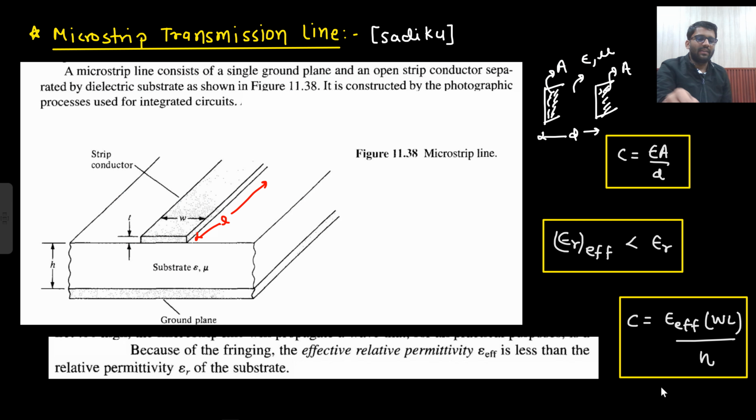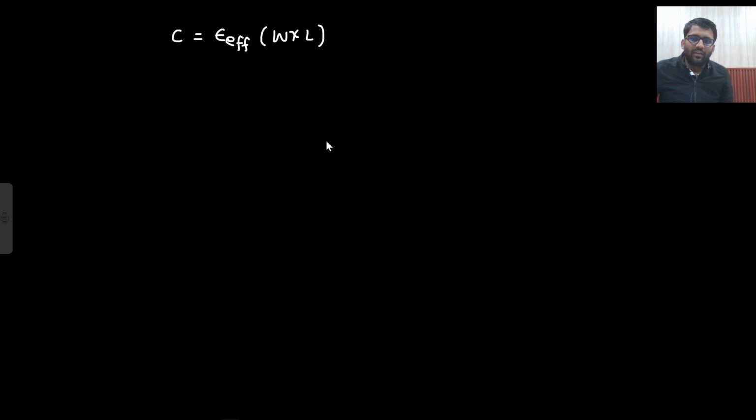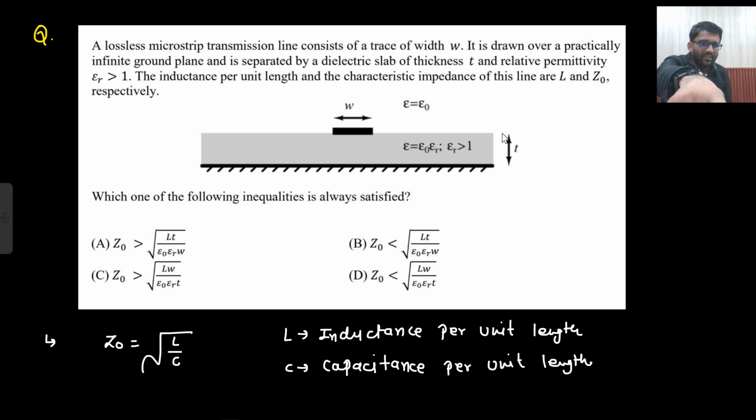What is the capacitance we know? That is equal to epsilon effective into A. What is A? W into length L. A is W into length L. This is the width and this is the length. So W into length L divided by the separation between them. Here the separation is T, right?